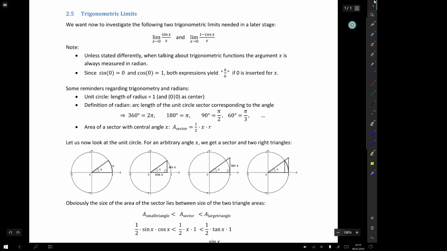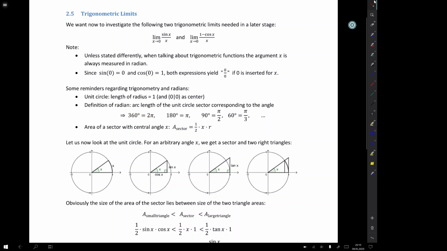For 180 degrees, half the circle, we get obviously just half of it, so pi. For 90 degrees, we get pi half. And for example, for 60 degrees, it's just a sixth of the full circle, so a sixth of 2 pi, so we get pi third, and so on.